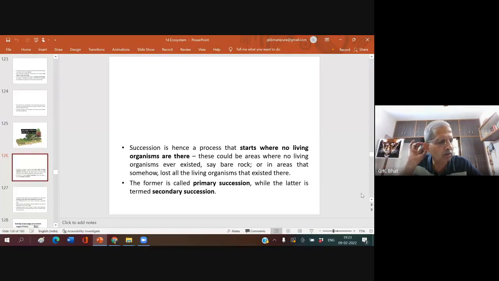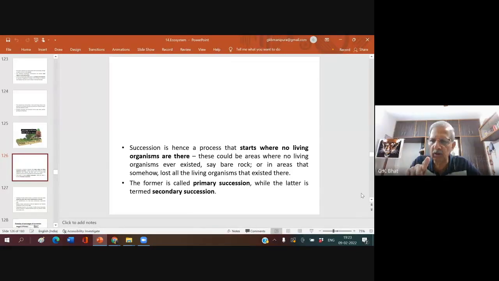Come on. It is a gradual, predictable change in the habitat and species composition in a given area. Kanisa, are you listening to me? Yes, sir.